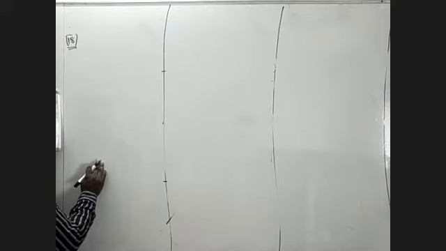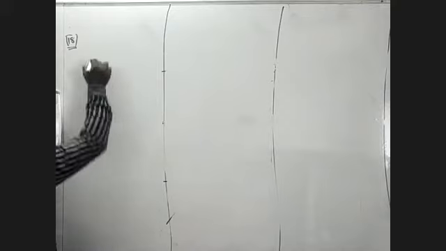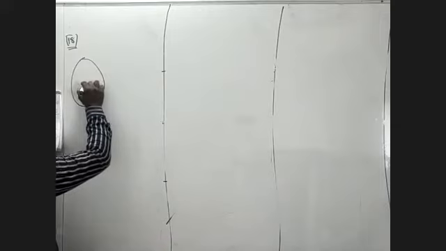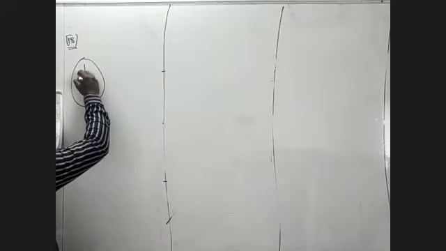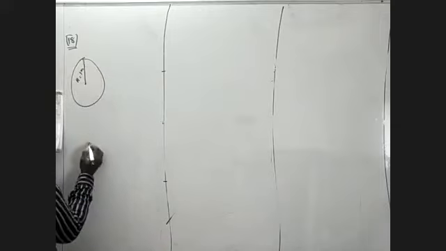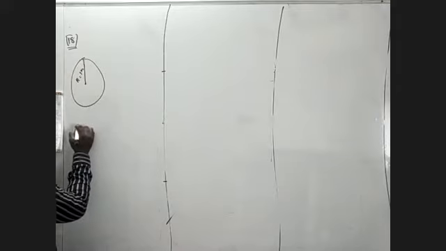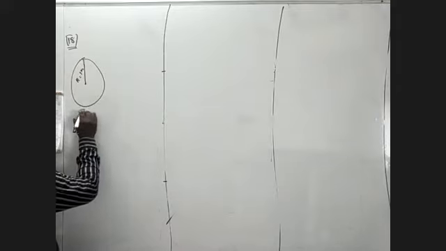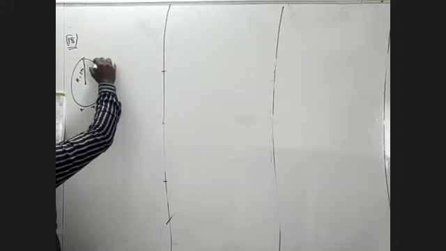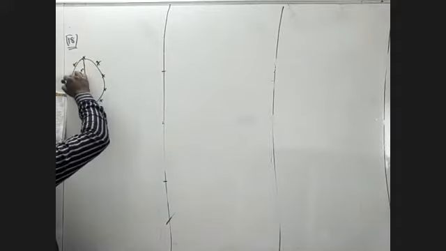A thin fixed ring of radius R is equal to 1 meter, with a positive charge uniformly distributed over it.